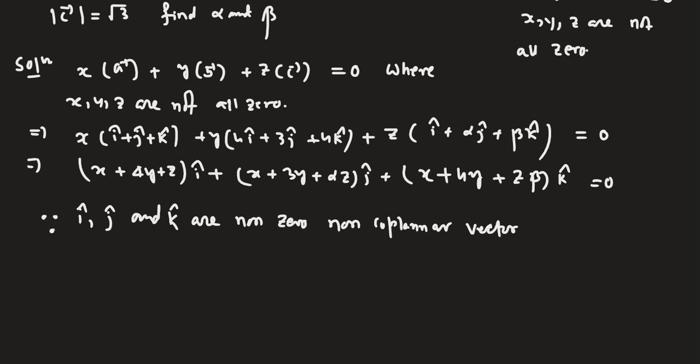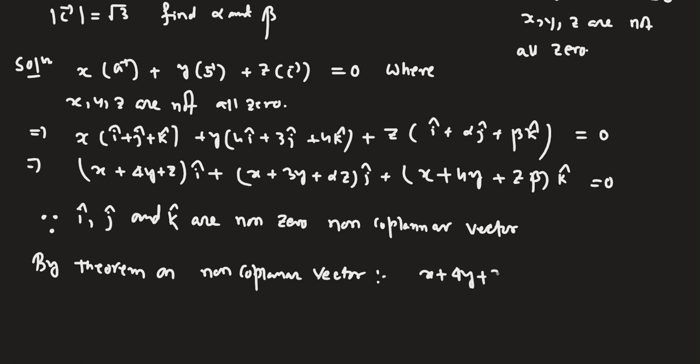So since i, j, k are non-zero, non-coplanar vectors, by the theorem on non-coplanar vectors, their coefficients should be 0. That means x plus 4y plus z is equal to 0, x plus 3y plus alpha z equal to 0, and x plus 4y plus beta z is also 0.